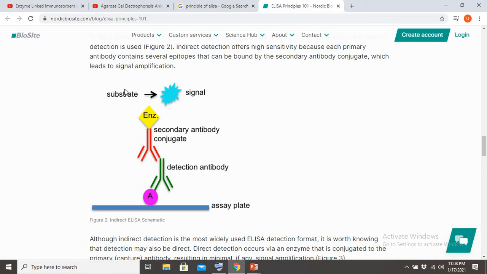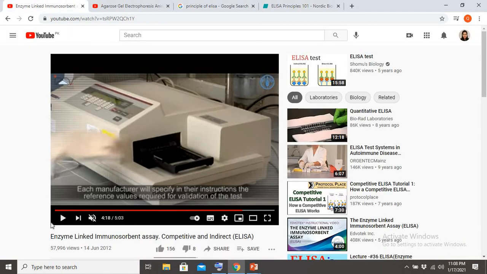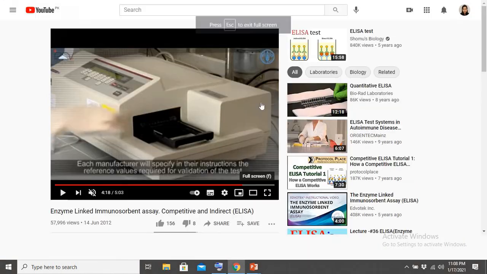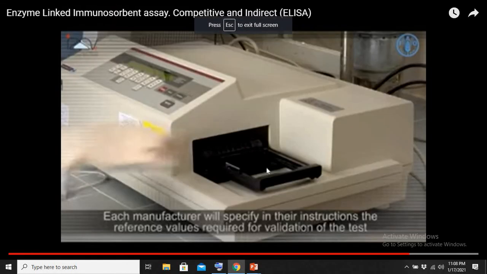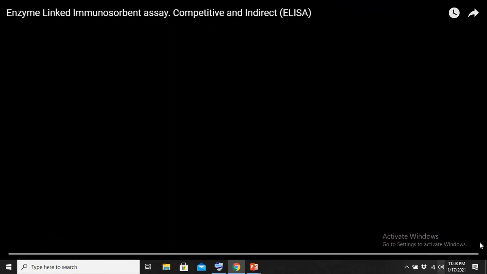Due to this conversion, a light, a signal, will be produced. This signal will be detected by the machine that we call a spectrophotometer. So let's see how this machine runs and how we perform this.